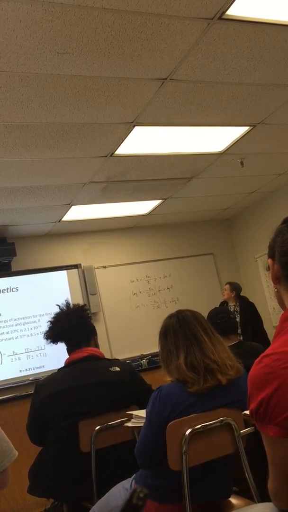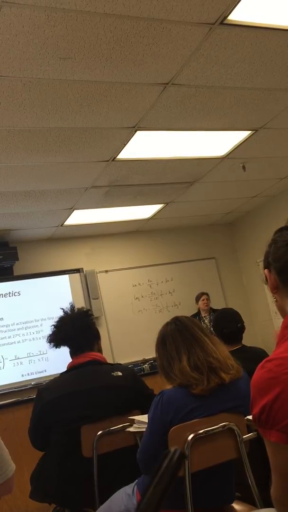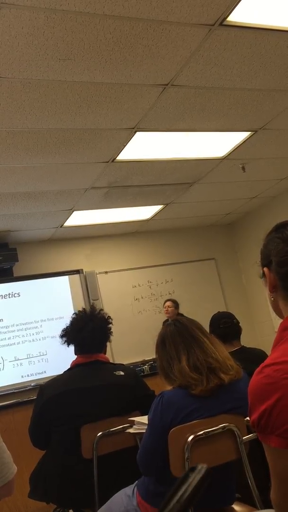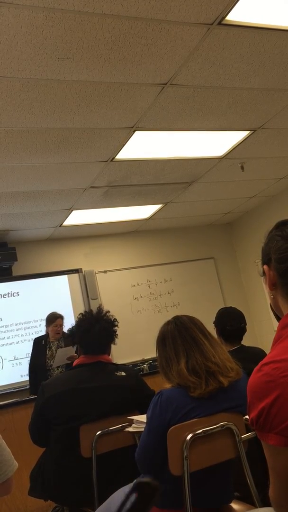And then you're going to have 1 over T1, 1 over T2. So you're going to wind up with an equation that may look a little bit familiar to you.